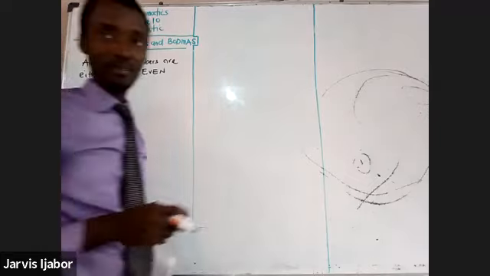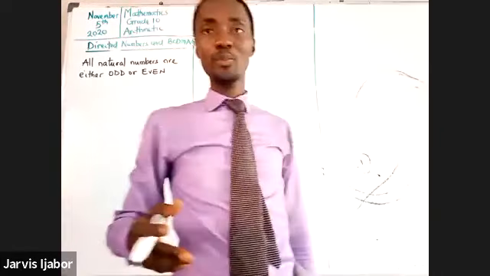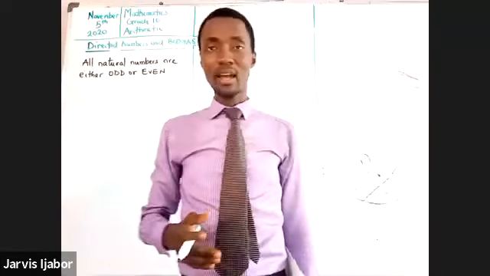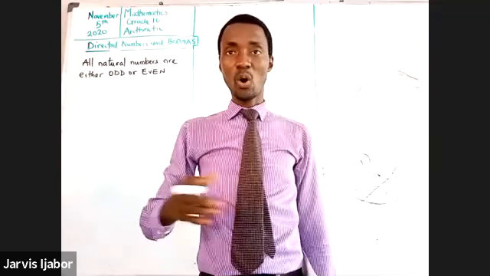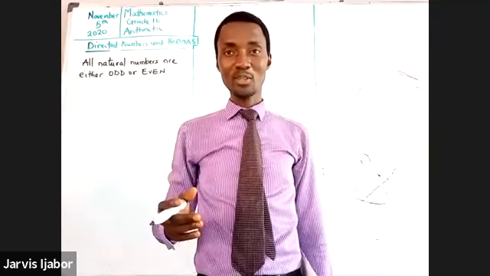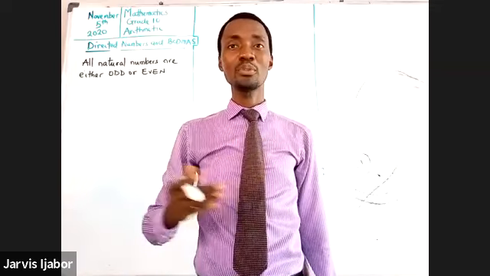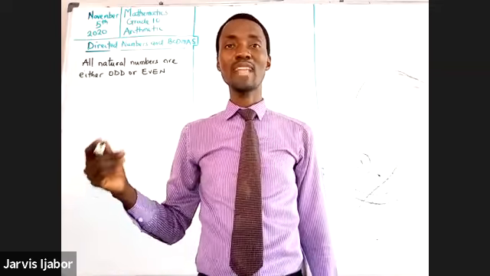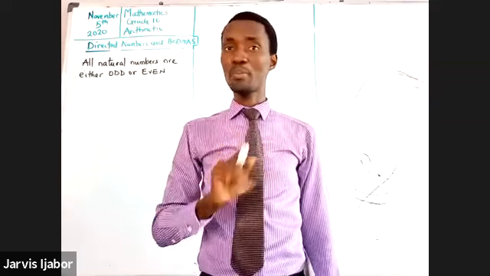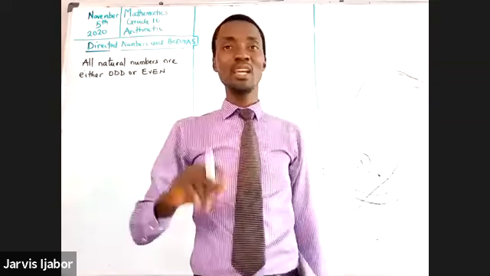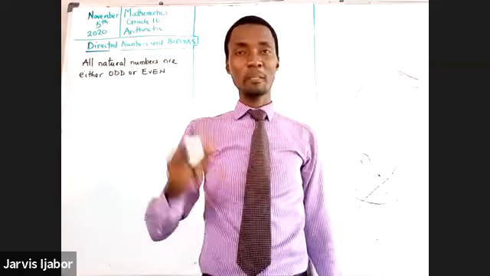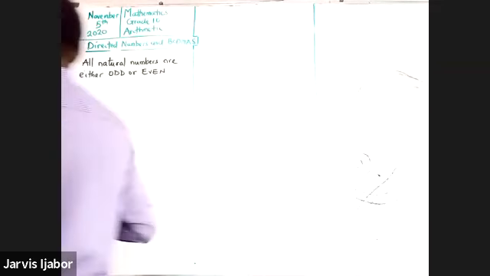How do we know that? When we say natural numbers, we're talking about all whole numbers. They are essentially what? Odd or what? Even. So there's also another knowledge you need to have when it comes to natural numbers or whole numbers, and that's something I don't want to leave without touching. Now let's watch this.